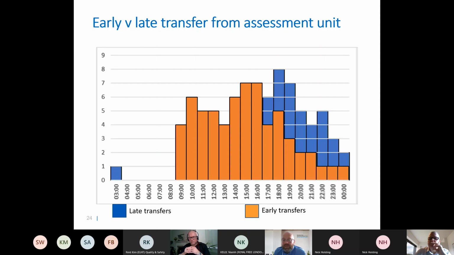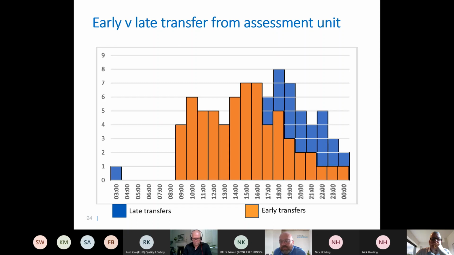Because, of course, what we often see in terms of in-hospital flow is late transfers. So this is a chart that shows a typical DGH with patients' movements. The late transfers you see there in the blue, and what we want to do is move to the orange, where transfers from AMU happen earlier in the day. Because what tends to happen is that when this happens so late in the day, there's congestion at the front door.